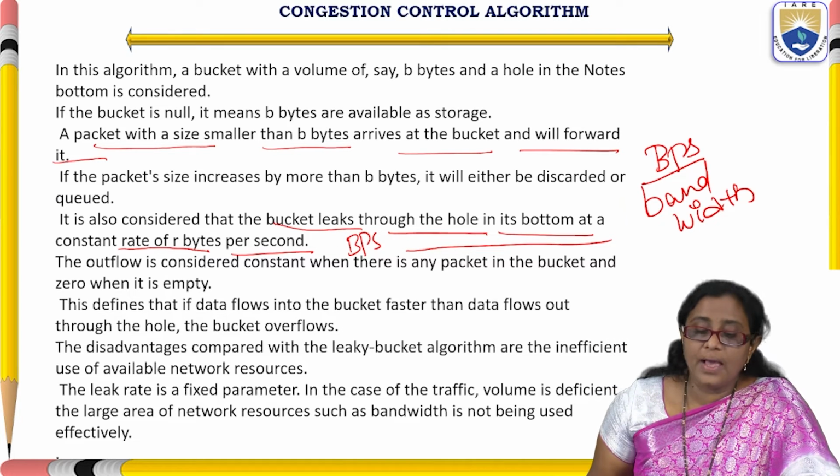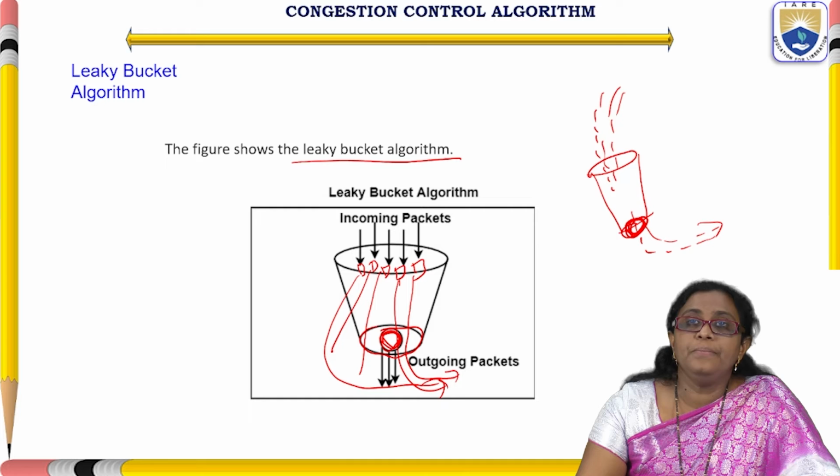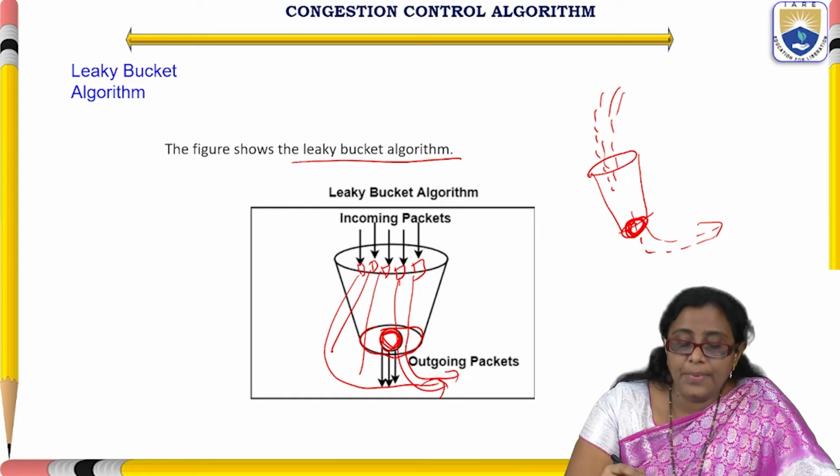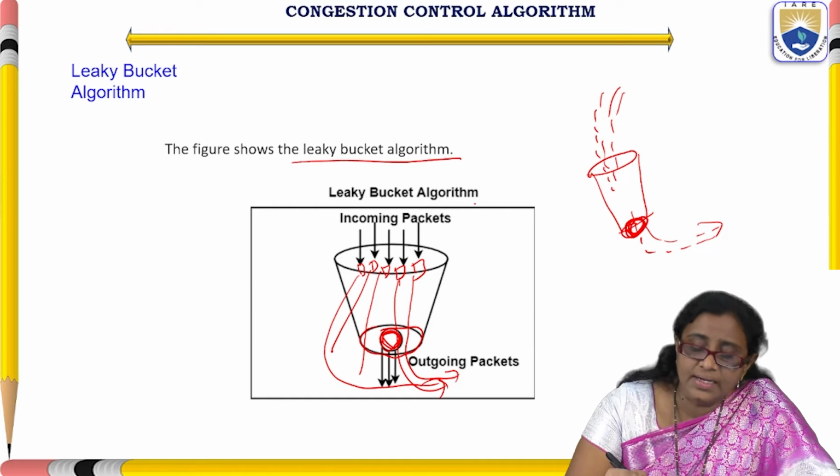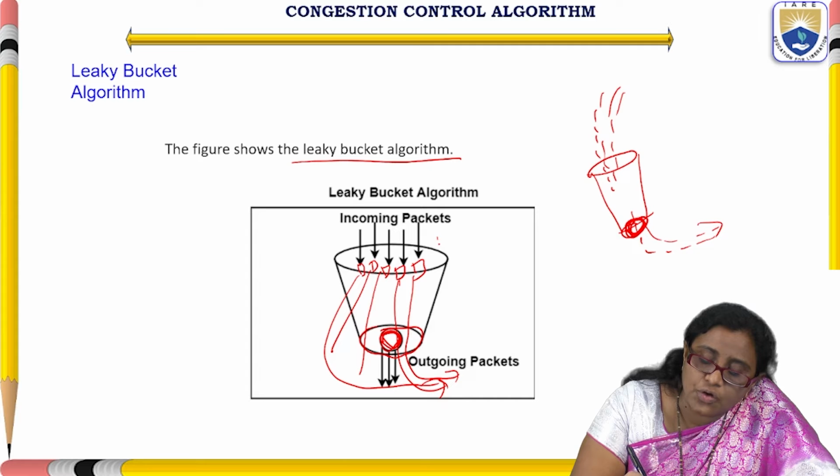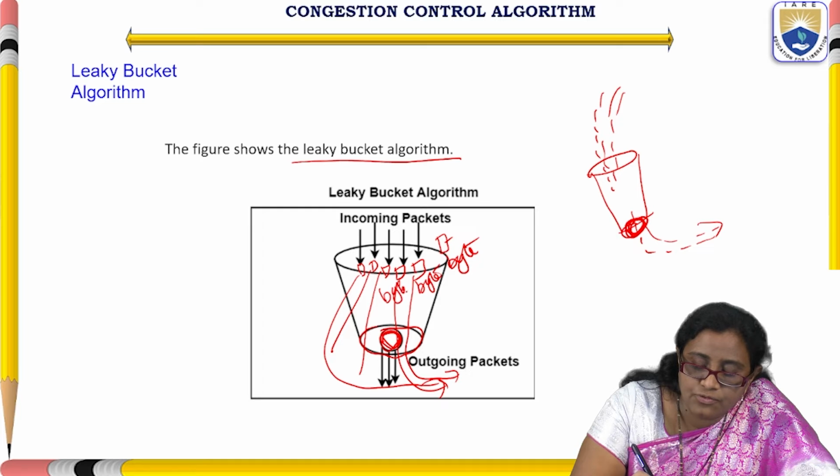Suppose you take the above example, what it illustrates is the leaky bucket algorithm. All the incoming packets are taken as bytes: first byte, second byte, third byte, fourth byte, like that.